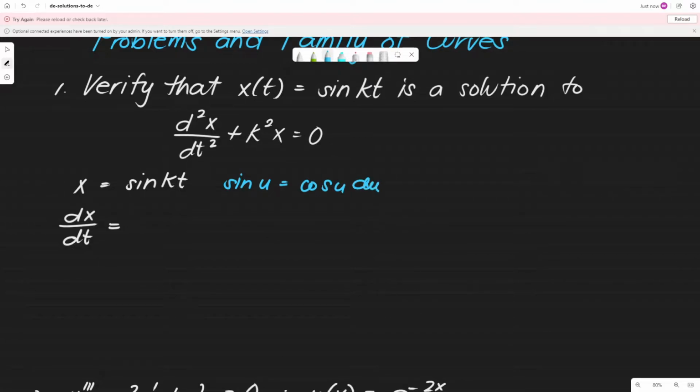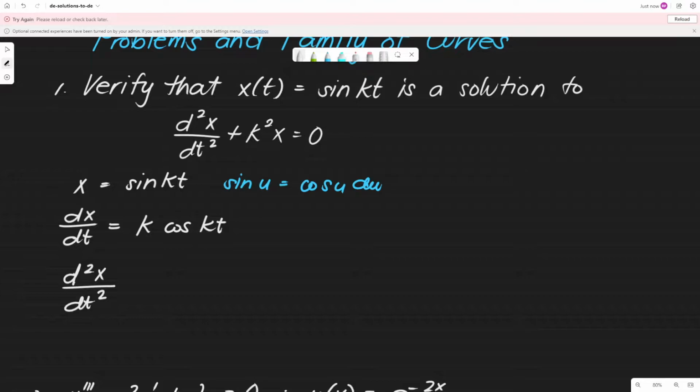So we need to identify what our u is. Obviously, that is kt, and the derivative of kt with respect to t is k. So we have k cosine kt, retaining our u. That's the first derivative. Let's find the second derivative.